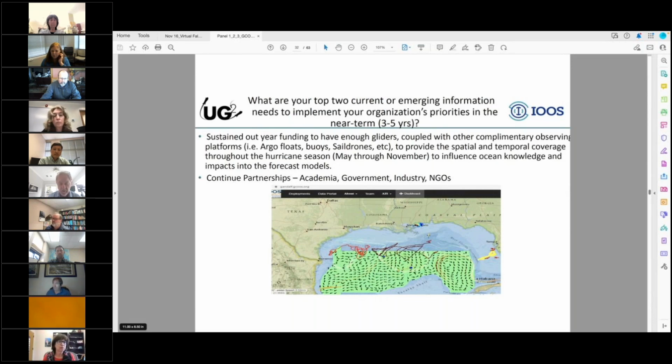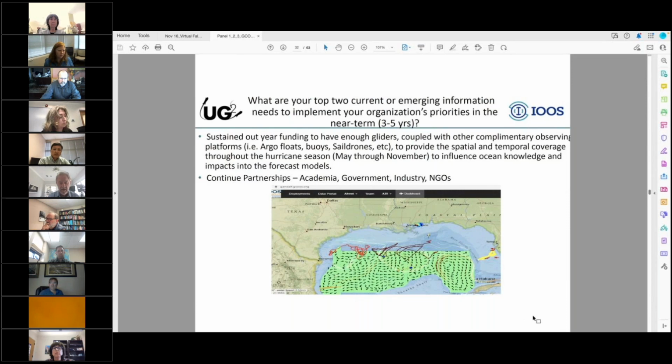But really the most important part of this is the partnerships, across academia, government, industry, across the whole thing. And UG2 provides that forum to be able to collaborate and share information. And this really could apply to monitoring marine mammals, hypoxia, algae blooms or whatnot.